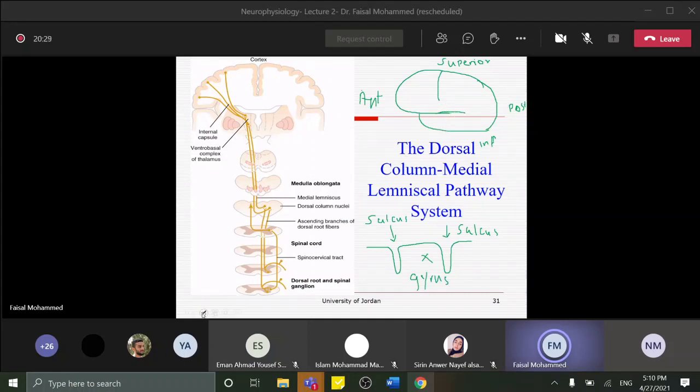So these are the two main sulci: this is central, and this is the lateral sulcus.